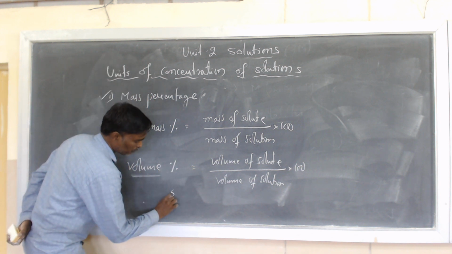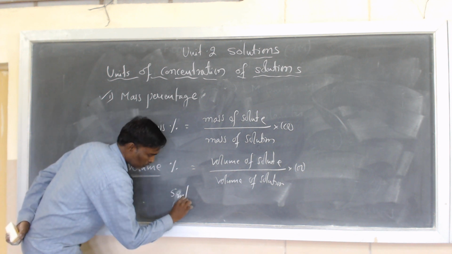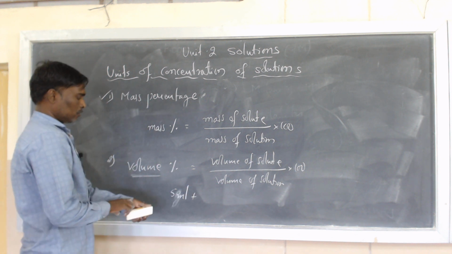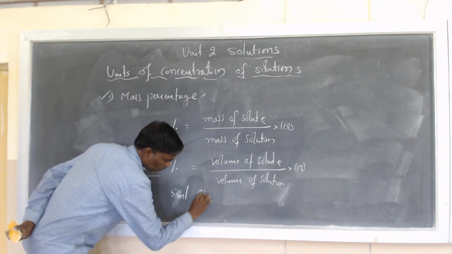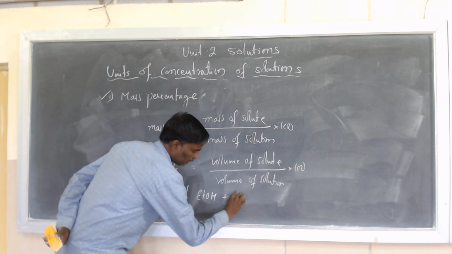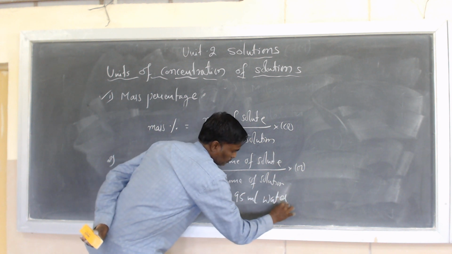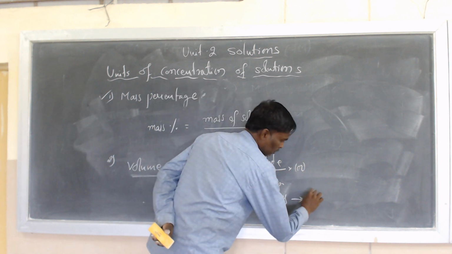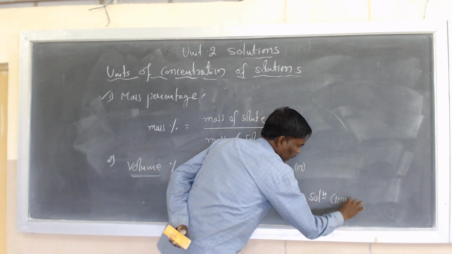This example is when 5 ml of alcohol or ethanol is dissolved in 95 ml of water, it gives a solution of 100 ml.